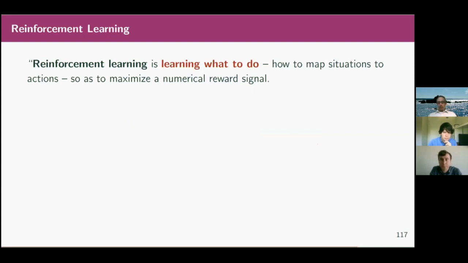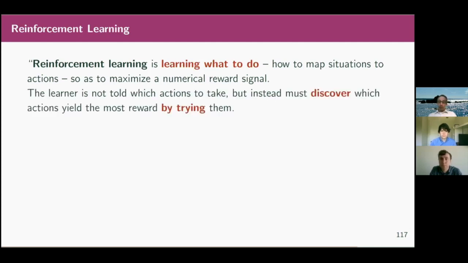what was reinforcement learning? Well, if you go back to the original source, or one of the original sources, reinforcement learning is learning what to do. In our case, that could be learning which items to show, which result pages to generate, which rankings to create, learning what to do, so how to map situations, user requests, user profiles to actions, so as to maximize a numerical reward signal.